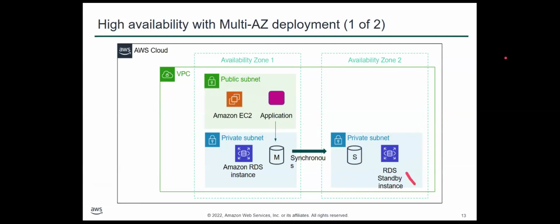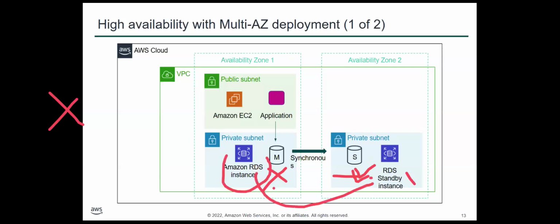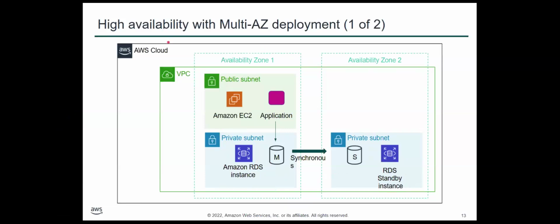So now the database will not show any error. If this database is not working, immediately the standby database gets activated. That's what I told you about why we have 3 availability zones: you always have a backup copy by default. One more thing, RDS is managed by us, and this standby copy costs less compared to creating it ourselves.